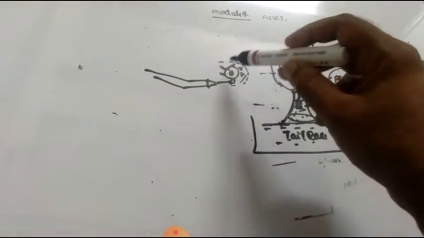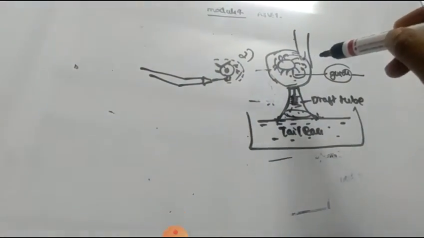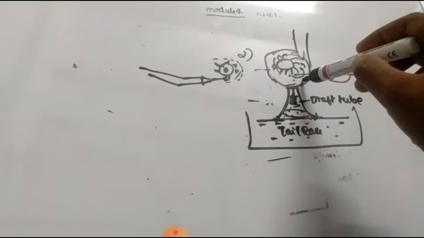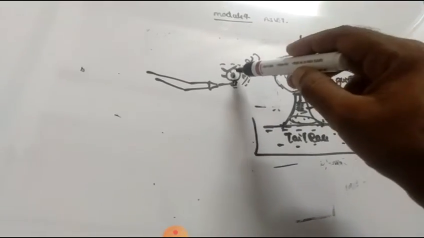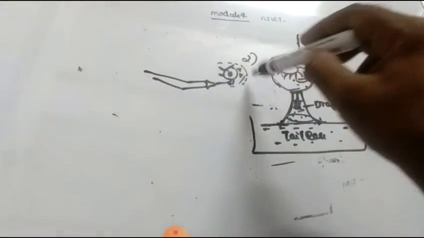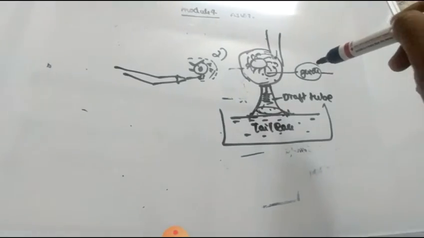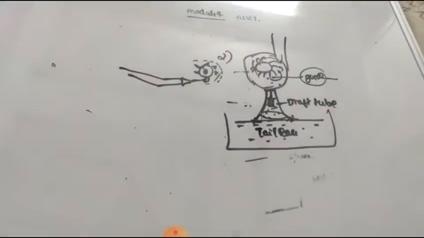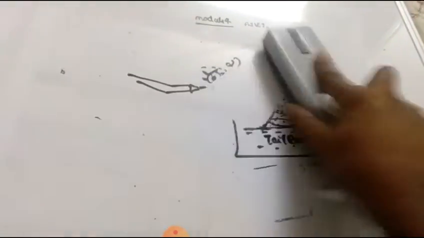In the impulse turbine, controlling the flow has no losses. If you control the flow in the reaction turbine, there are losses.